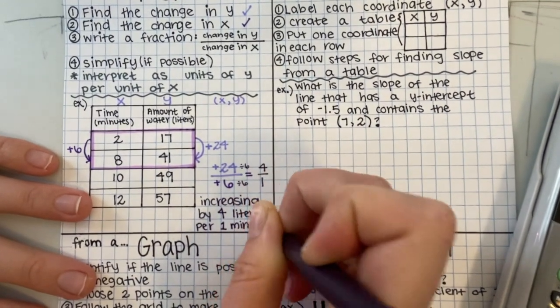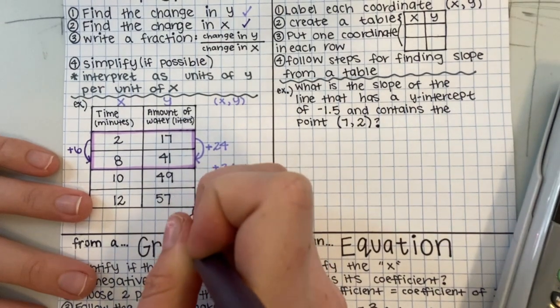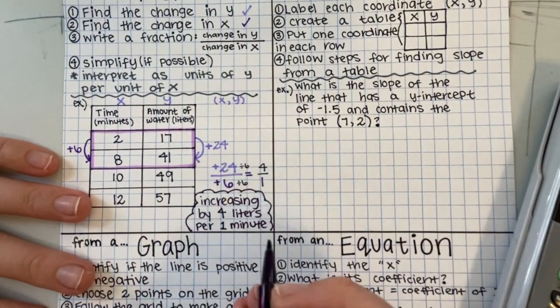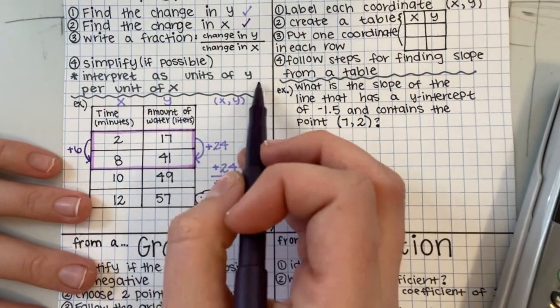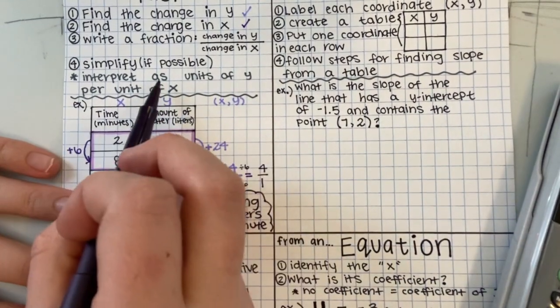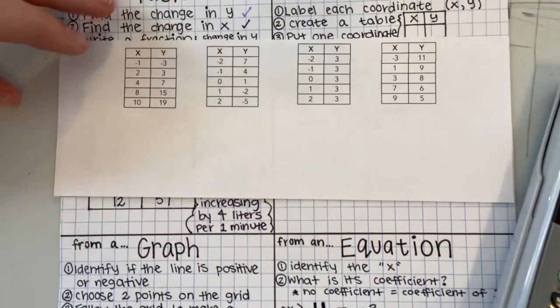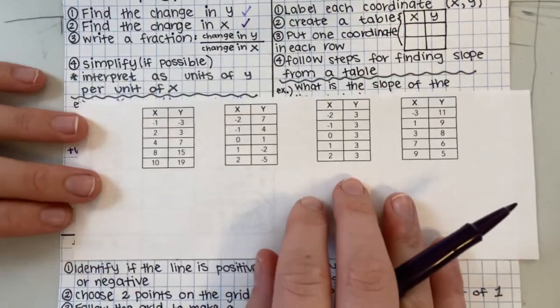So that's our way to interpret what this slope means. We're thinking units of y per unit of x. So let's just do a couple more examples following those same steps.